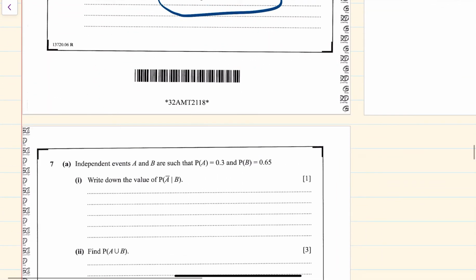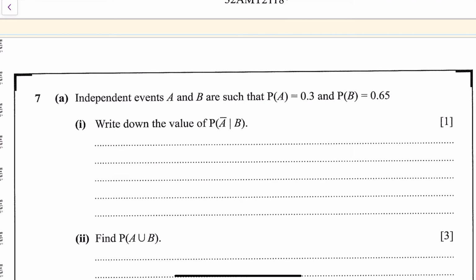Okay, next one, question 7. It says, independent events A and B are such that probability of A is equal to 0.3, probability of B is equal to 0.65. Write down the value of probability of not A given B. First of all, the probability of not A is 1 minus 0.3, so it is equal to 0.7.